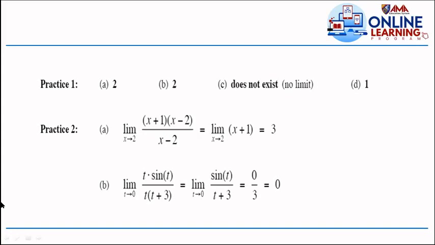So under your quotient rule, pinaka-importante po siya that the limit of your denominator is not equal to 0. So pag 0 siya, ang gagawin po natin, we are going to find their common factor para ma-simplify po siya.